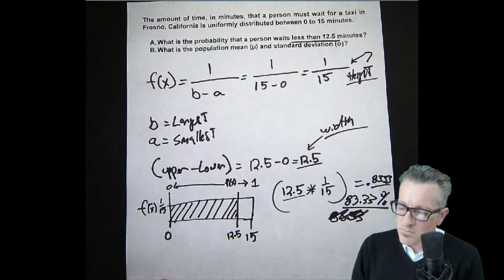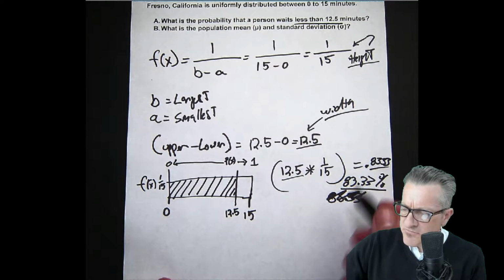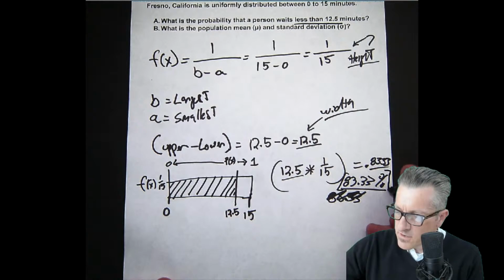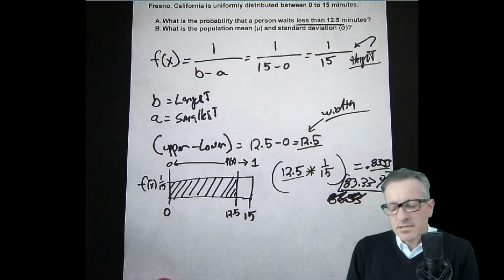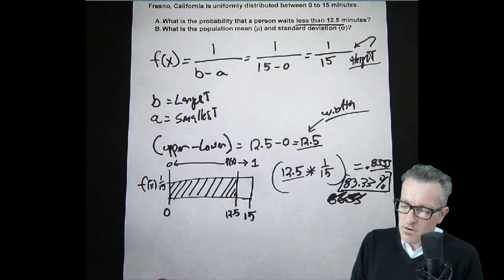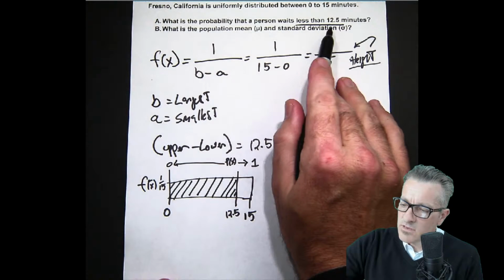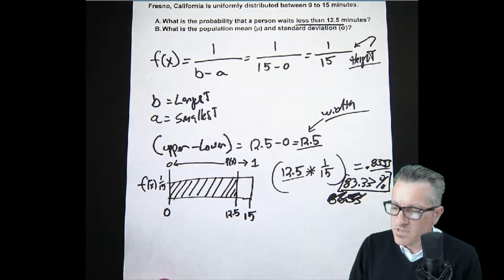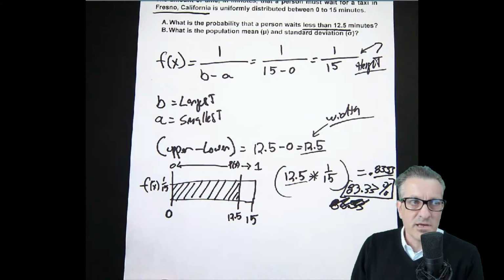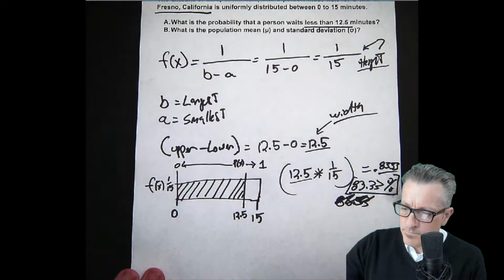So our answer for part A is 83.33%, the probability that we receive a taxi within 12.5 minutes in Fresno, California, theoretically. I'm assuming it'd actually be a lot longer, but I made this question up.